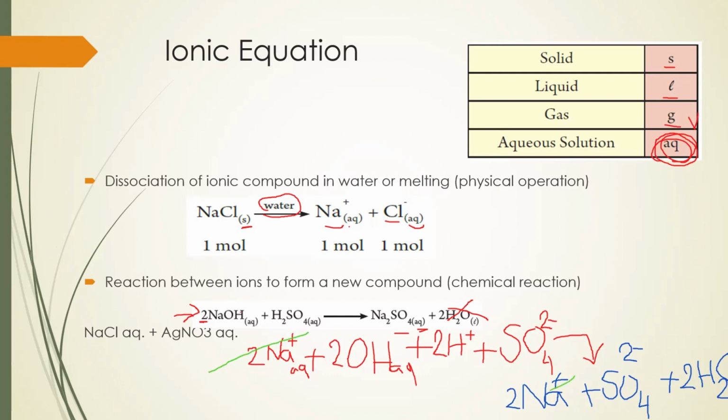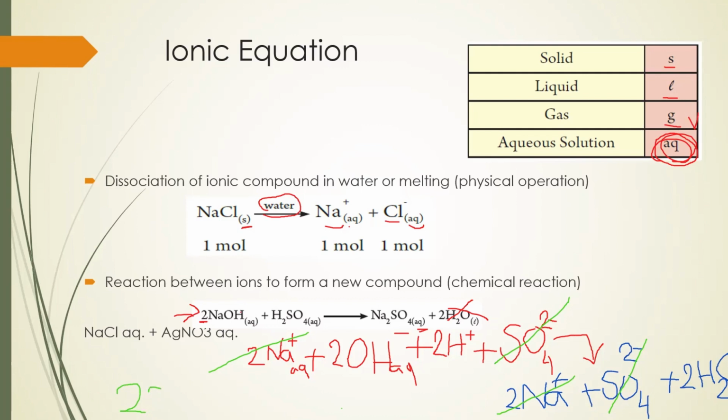So we have 2 sodium in the products and 2 sodium in the reactants, so they will be crossed out together. We don't have hydroxide ion here, we don't have hydrogen here, but we have sulfate, so we will cross it out with the sulfate in the product.